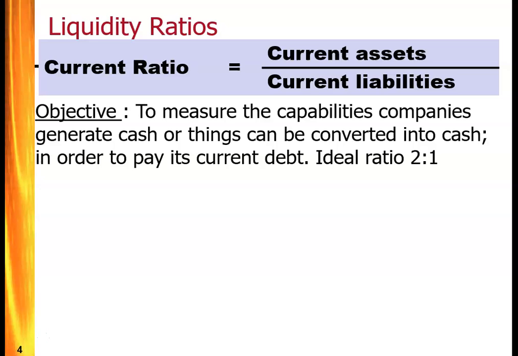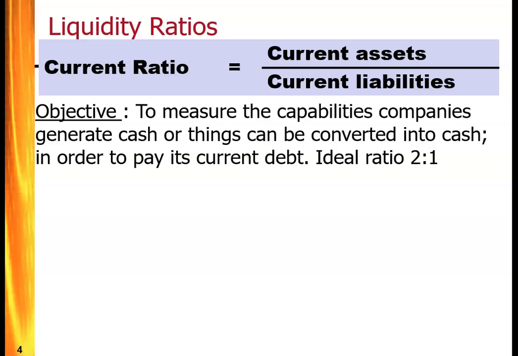The objective of calculating the current ratio is to measure the capability of the company to generate cash, or any other things in the business that can be converted into cash. This ratio measures whether the business is valuable enough to pay its current debt.